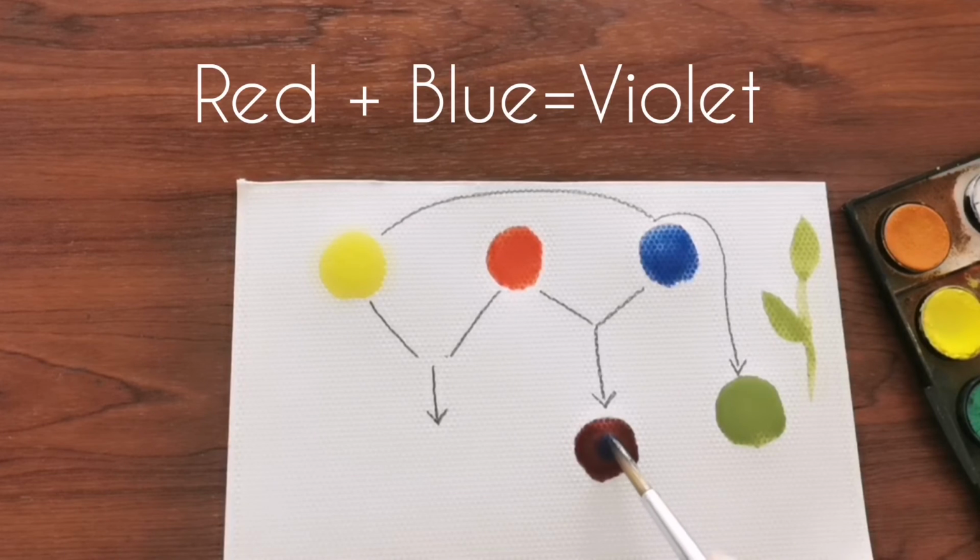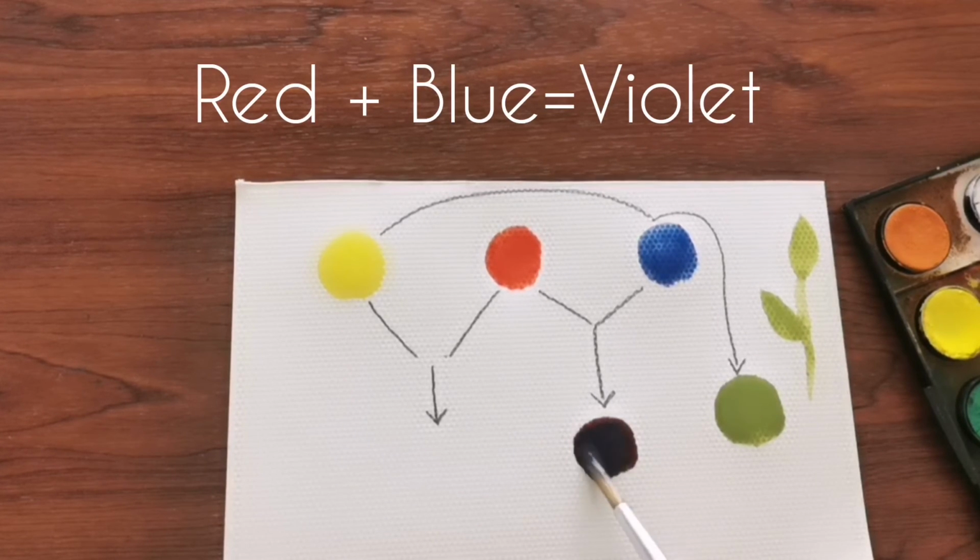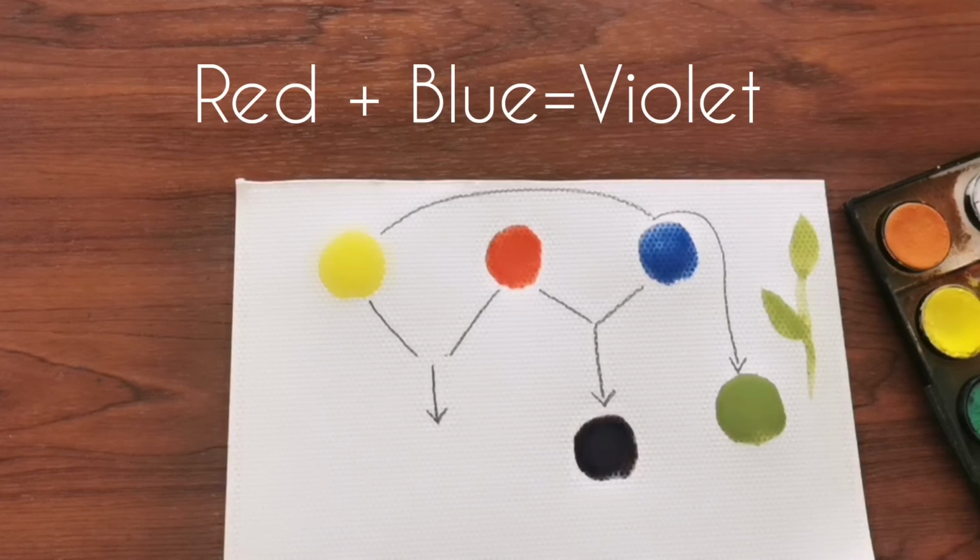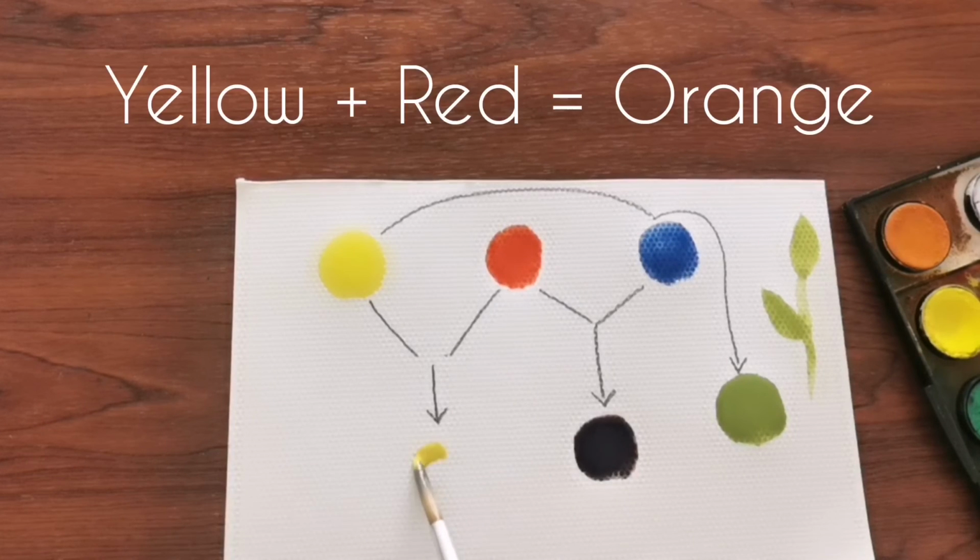Neatly we are getting that. A dark violet shade I got. Next is red plus yellow. That is what we have to see.